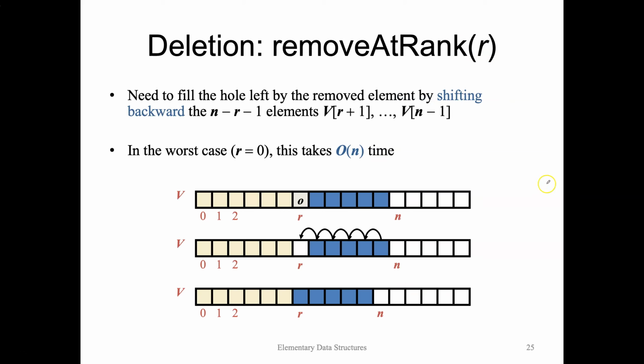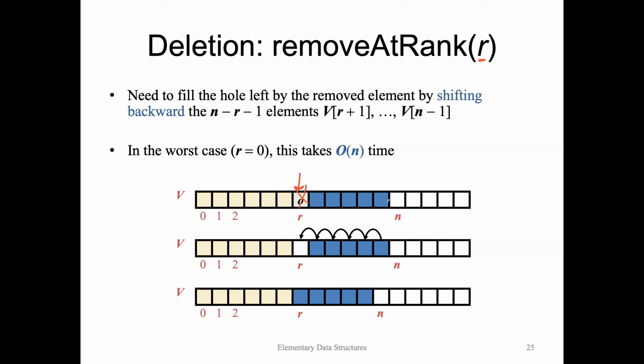Let's see also remove at rank. So given a specific rank, we want to remove an item. So again, we can access where that rank is in constant time. We can access the item we want to remove just by accessing the element at index R of our array. But once we get rid of this, all of the items that come after it now have one less item preceding it, so their rank has to decrease.